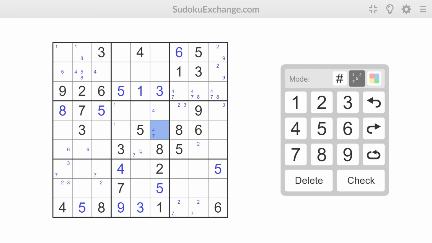So putting a pair of 9s here, which I think gives us, yes, a 7-9 pair here, because these two cells are the only places which can have a 7 or a 9 in this box. There's no other place which can have a 7 or a 9. So these two cells are marked for a 7 and 9. So let's delete the 4 from here, which leaves us this spot to put in a 4.